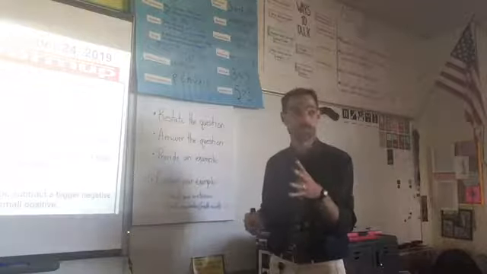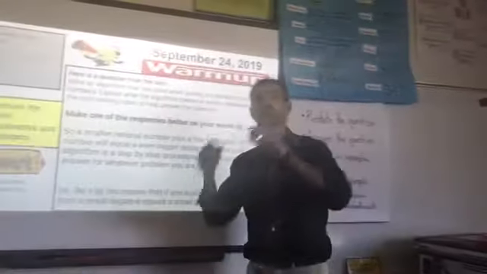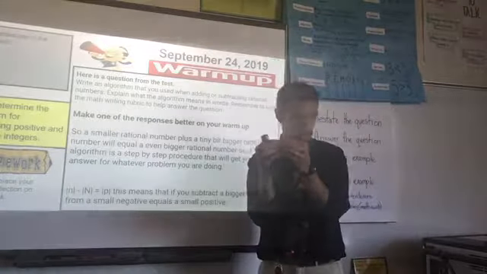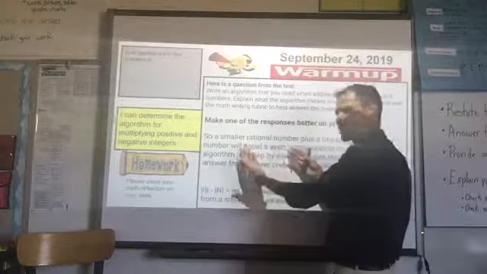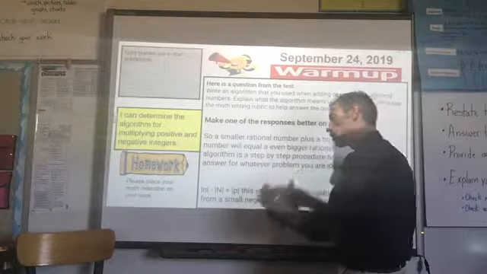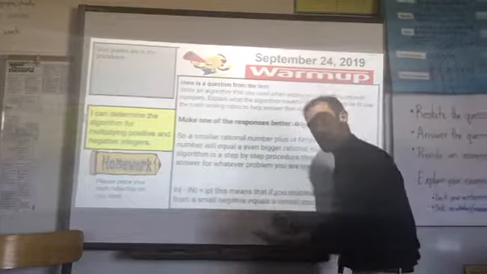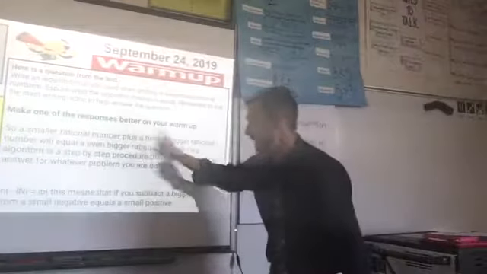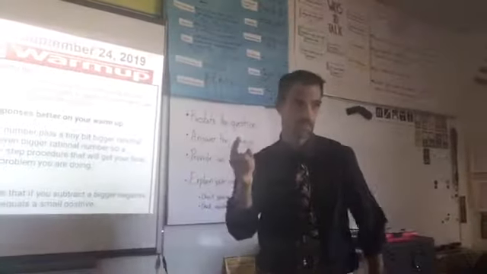So here's your job. You have about 5 minutes. You have 5 minutes to work together as a team. You can either choose this one, this is the more challenging one, or this one, which is a little bit easier. But I want you to make that one better or that one better using this. Go.